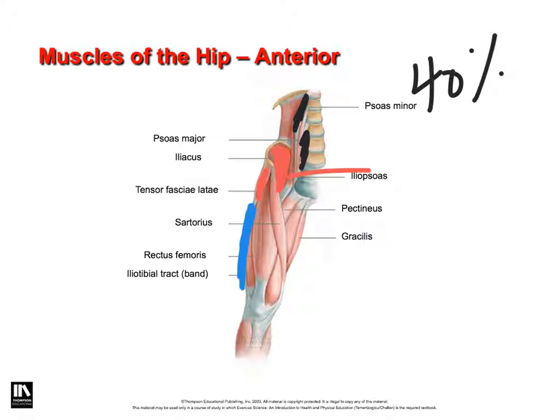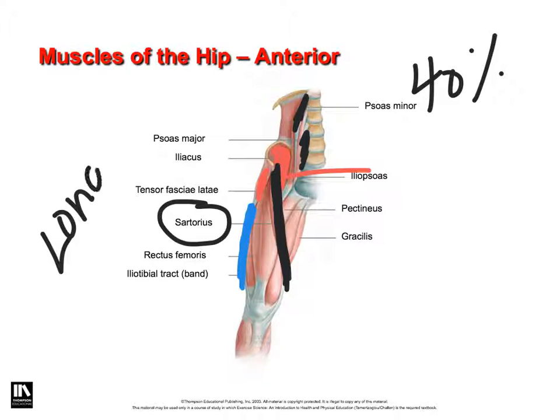All that is to the lateral or outside. The longest muscle in the human body is right here in your leg, called the sartorius. So the sartorius is the longest muscle, whereas the femur was the longest bone.